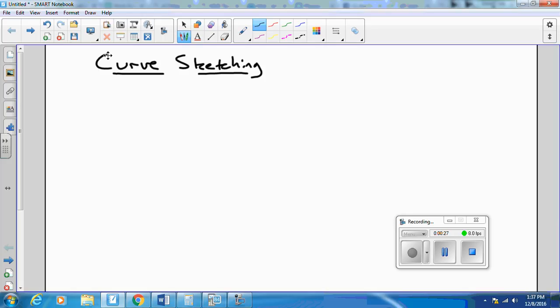So rather than having a lot of derivative rules or anything like that, instead we are going to have a few powerful theorems that are going to allow us as tools to figure out what shape the graph of a function is in.